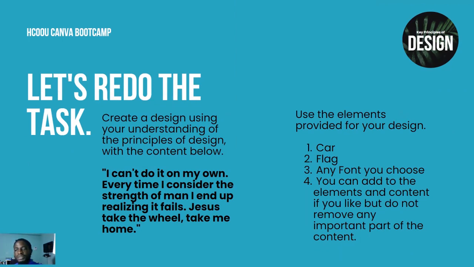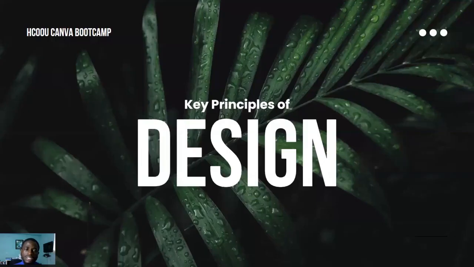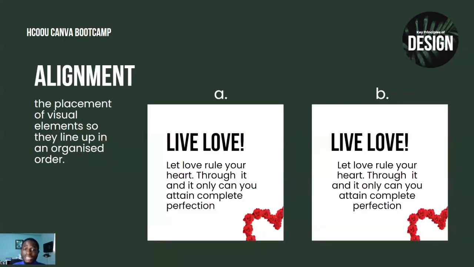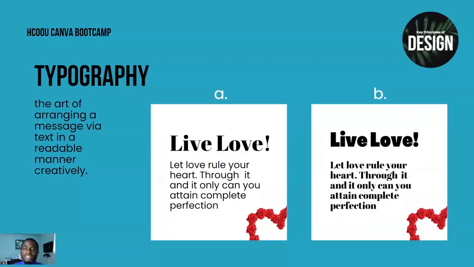Now, based on everything we have looked at, a quick review of everything from the beginning. We started with balance, making sure that your design is well balanced on both sides. We did alignment, which you've done before. We did typography, making sure you choose the right typeface, choosing the right font from the typeface.